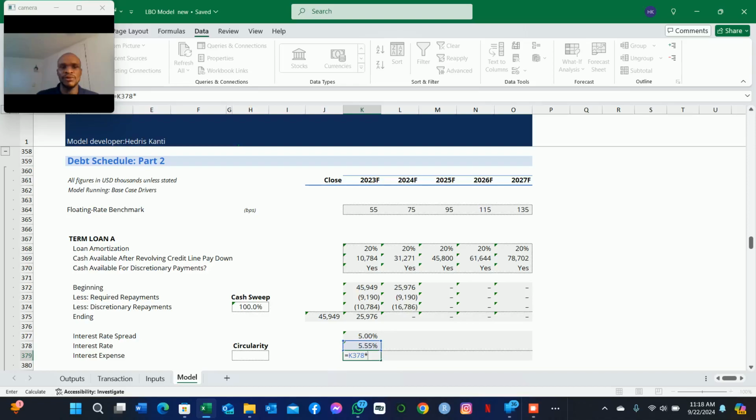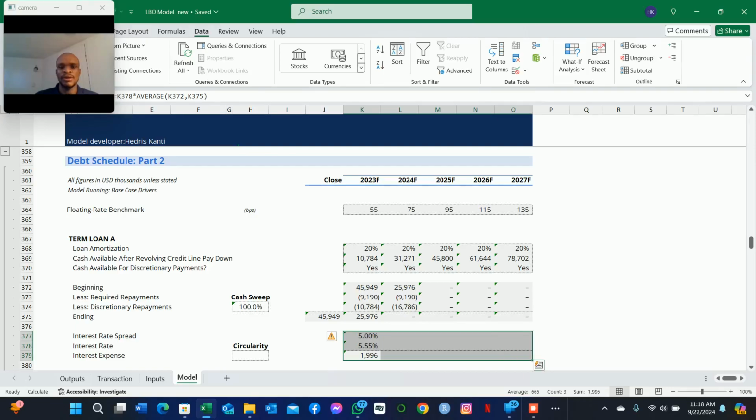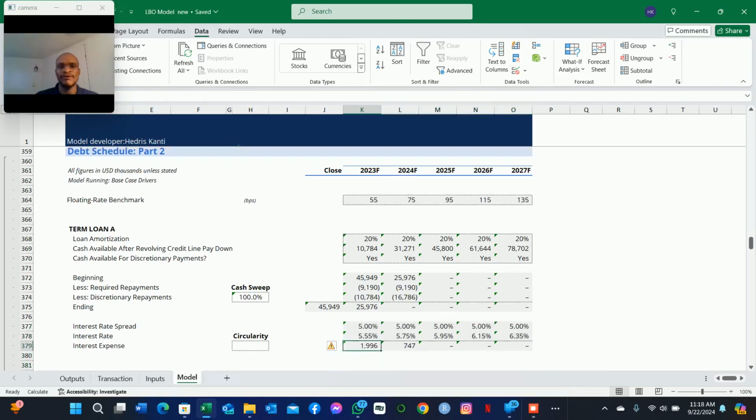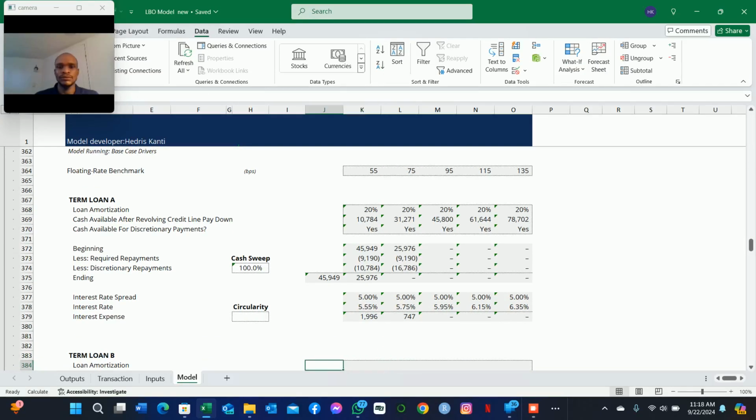So we take that and multiply it by the average of the beginning balance and the closing balance, just as we did with the line of credit. Now we can take this and fill it right with Control R. So we have it there calculated.